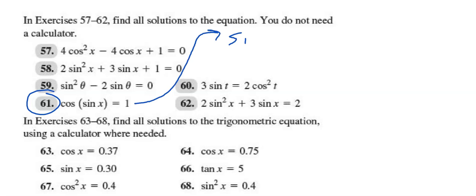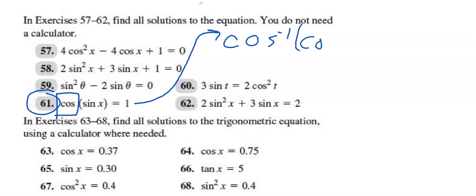Okay, so how do we get rid of cosine? Don't say we divide by cosine, because that's not true. Cosine inverse. Suppose we take the cosine inverse of both sides of this equation.